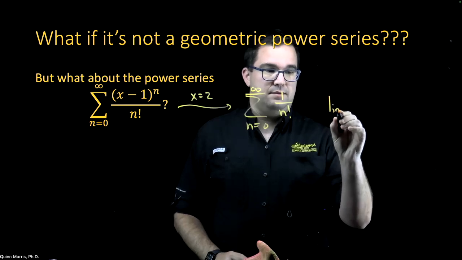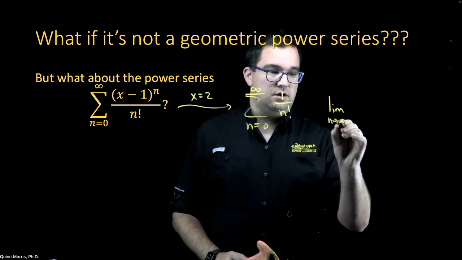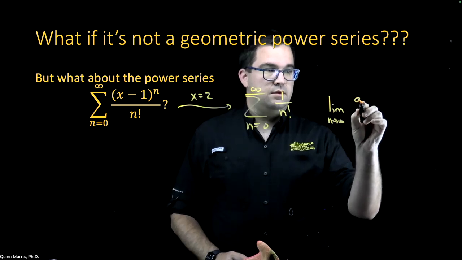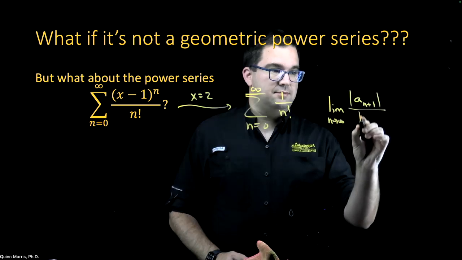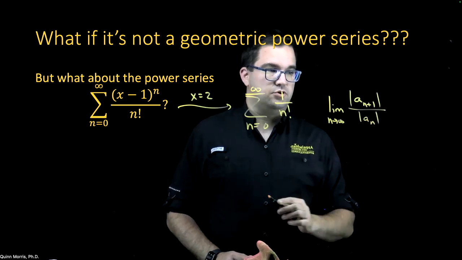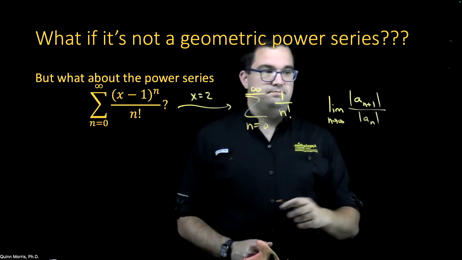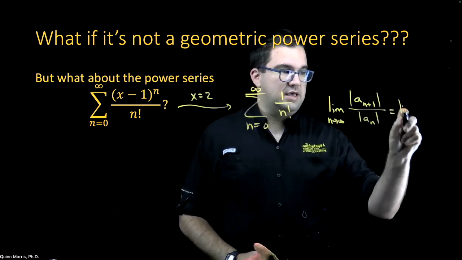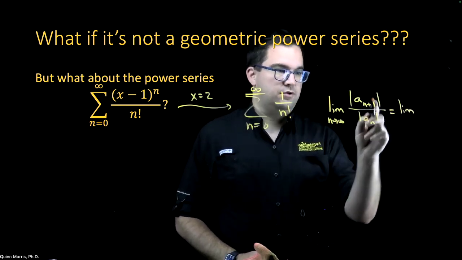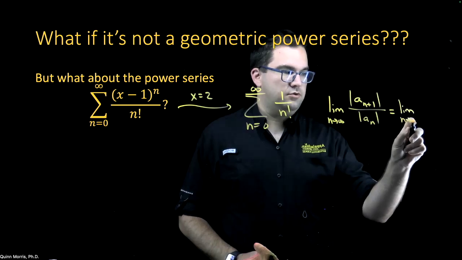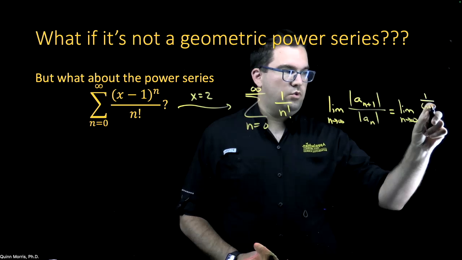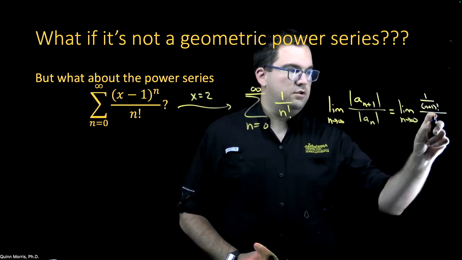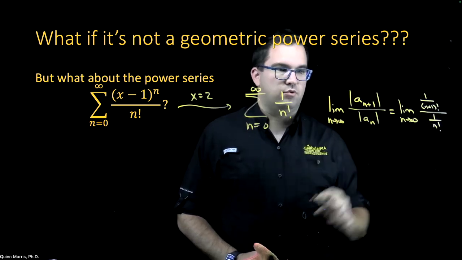I need to look at the limit as n goes to infinity of the ratio of the absolute value of the n plus first term to the absolute value of the nth term. So in this case, everything's positive here, so I don't really need to worry about the absolute values. This would be 1 over n plus 1 factorial divided by 1 over n factorial.